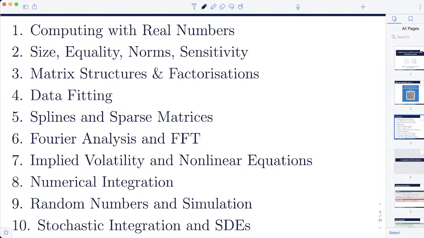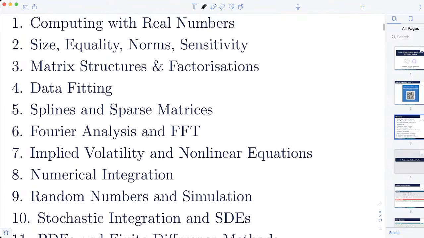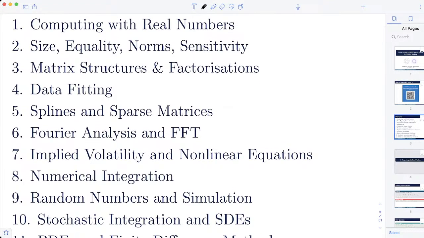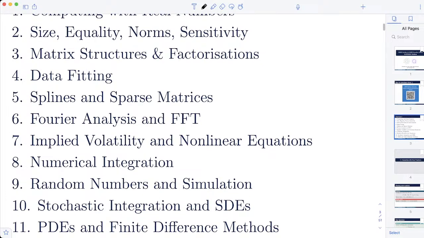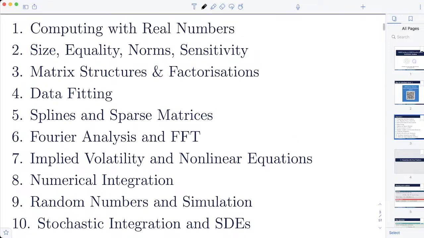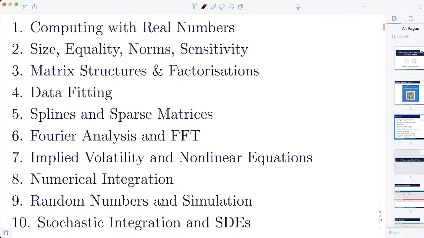Now, there's 11 topics overall, but having had a look at all of the finals that are available to us, the first few topics don't really get tested, and the bulk of the finals focuses on the last few topics. So when it comes to studying, the first 5 topics only make up around 1 question max in the final.